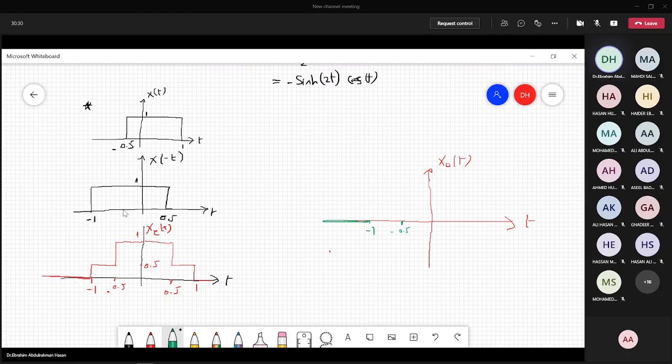Between -1 and -0.5, this is 0 minus 1, so minus 1 divided by 2, which is -0.5. Between -0.5 and 0, this is 1 and this is 1, so 1 minus 1 is 0.